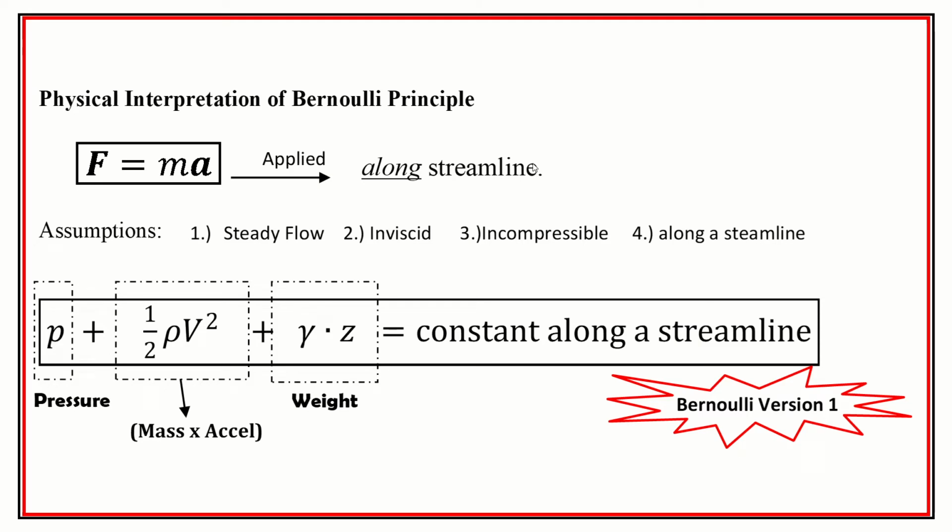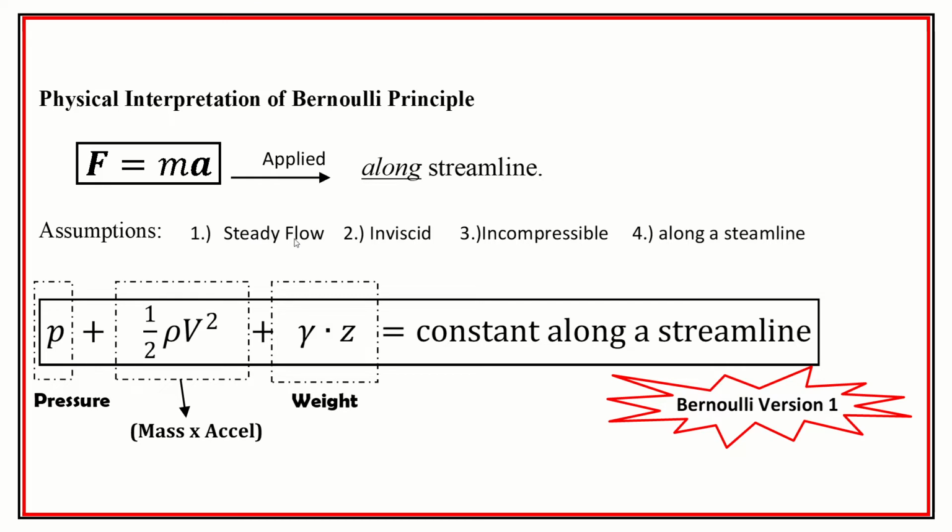So here you go. We'll start out with this physical interpretation of Bernoulli's principle, and I'm going to call this first equation Bernoulli 1. We got this from using F equals ma, and we applied it to a chunk of fluid along a streamline. And in order to get to the Bernoulli, we made 4 assumptions.